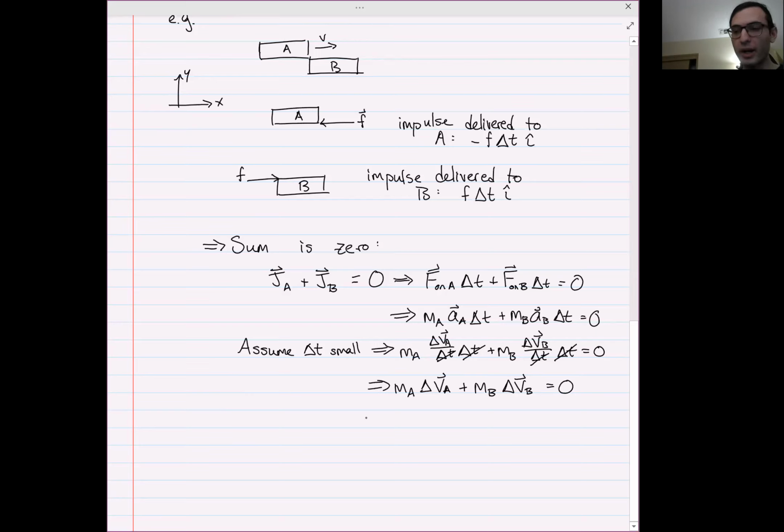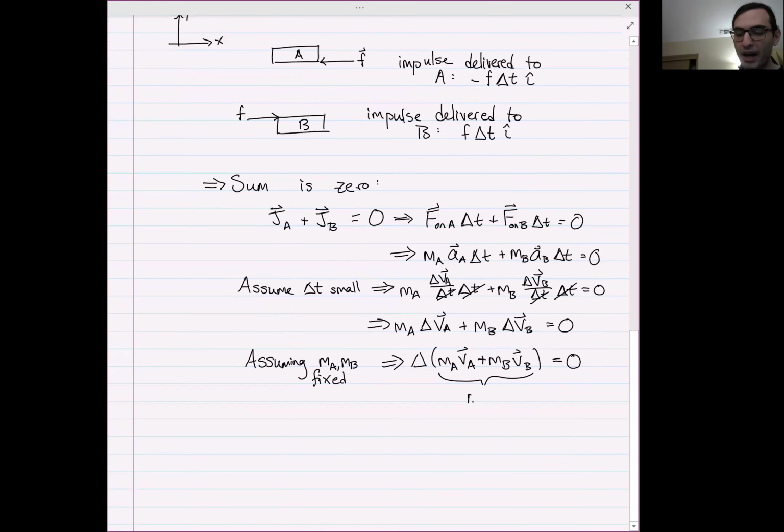And so, assuming the masses don't change, we could rewrite this as the change in MAVA plus MBVB equals 0. And this quantity here, MAVA, those are vectors, is the mass times the velocity of the system.